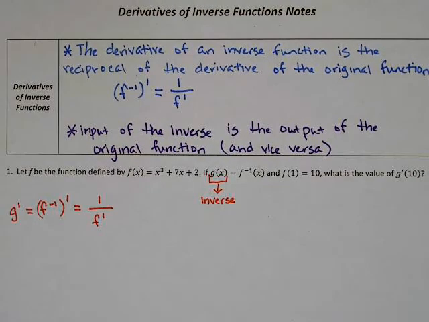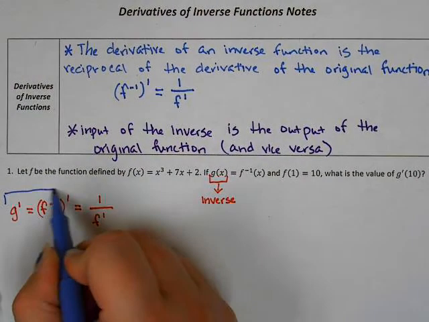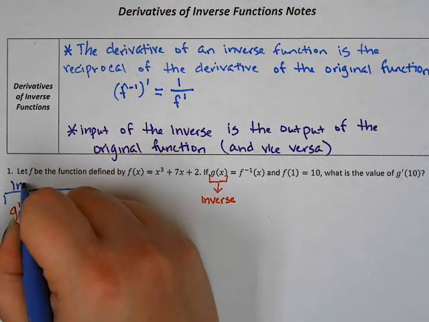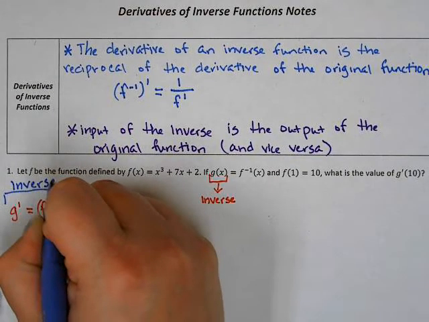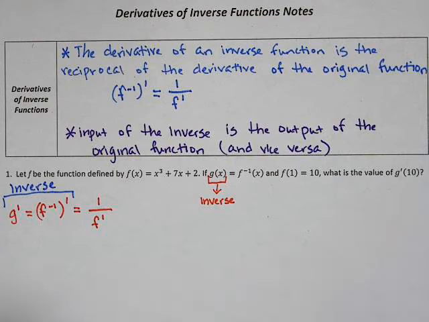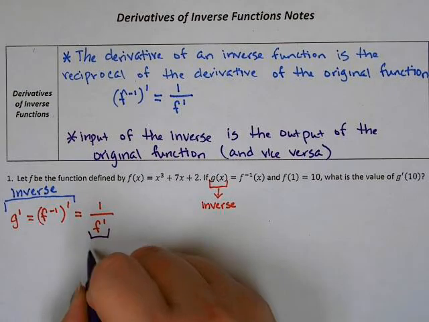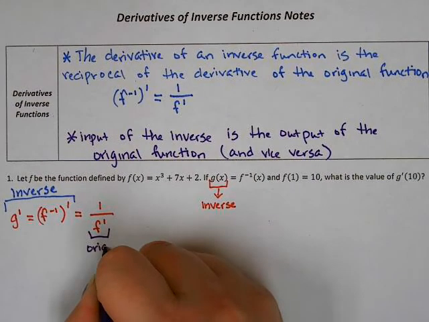So when we look at this portion right here, g prime and then f inverse prime, that's our inverse part. And then this part over here, this f prime, that's part of our original.